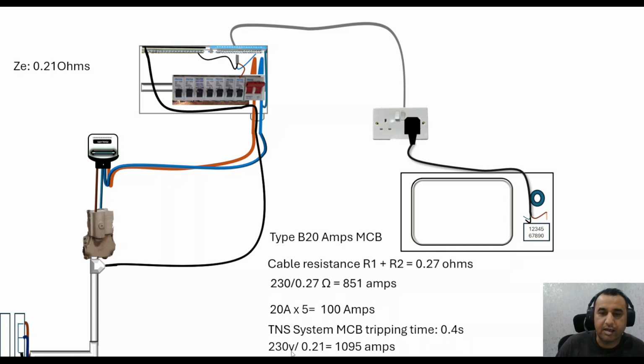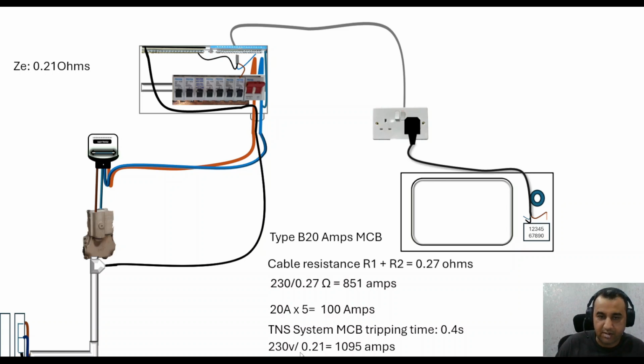Here we've got 230 volts. This is the external system. As I said, if we divide 230 by 0.27, at this end of the consumer unit, now we're dividing the supply side of the consumer unit with the ZS value, which is 0.21.